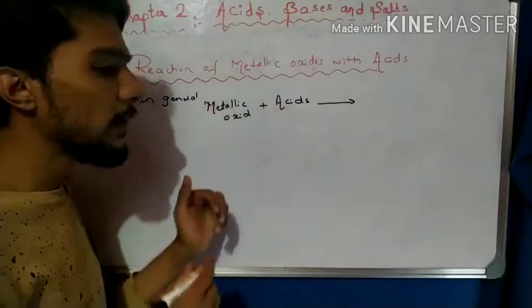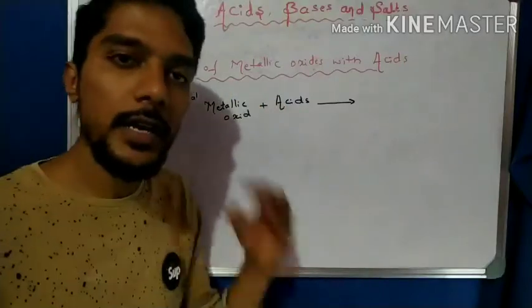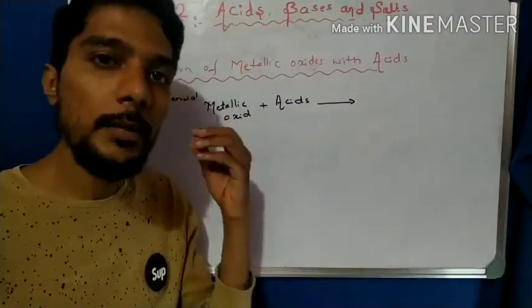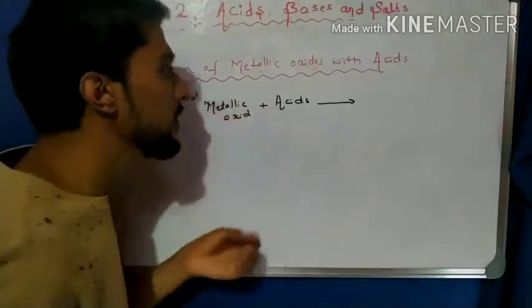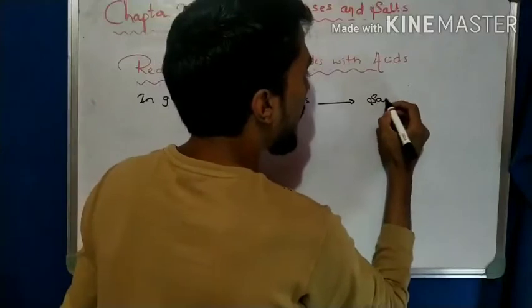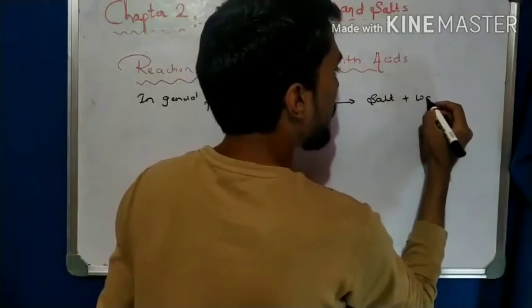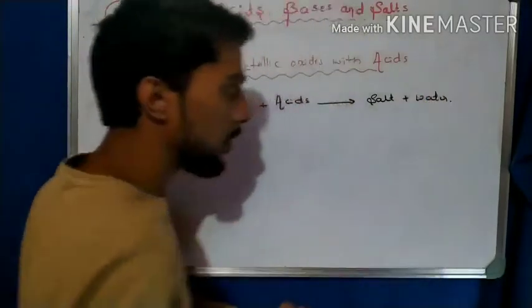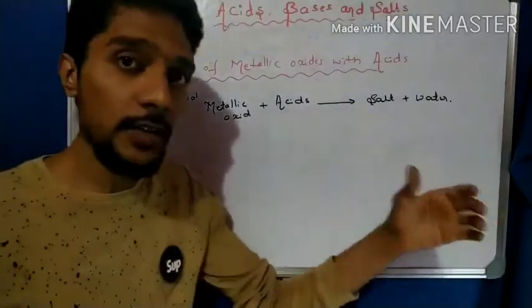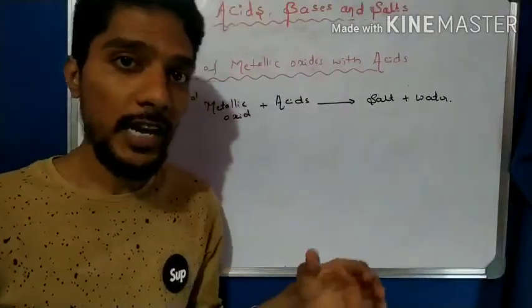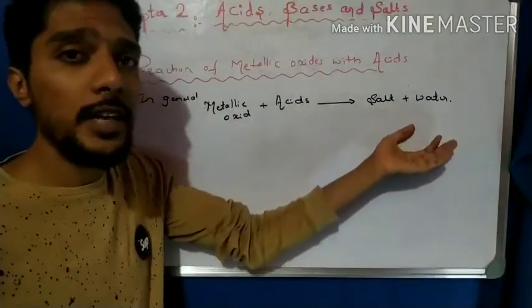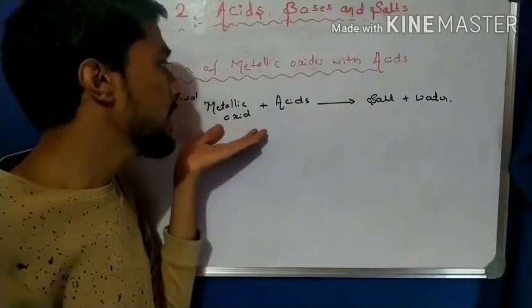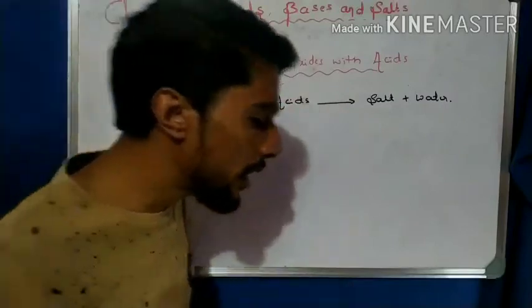When acids react with any metallic oxide, copper oxide, sodium oxide, aluminum oxide, any metal oxide, what is the result? The result is salt and water, the same result as in the neutralization reaction. So simple, there is no confusion here, all the same products. Metal oxides react with acid, they form salt and water.